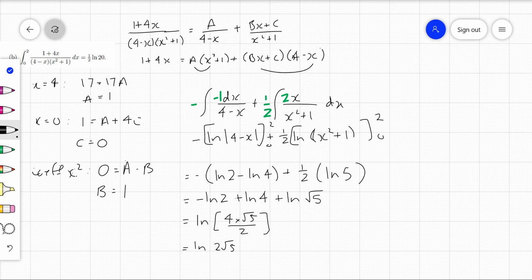And we want the power of a half, because you can see we want a half out the front. So that means we want to square everything inside here. Oops. If you square 2, you get 4. If you square root 5, you get 5. So we're going to have a half log 20 as our solution.